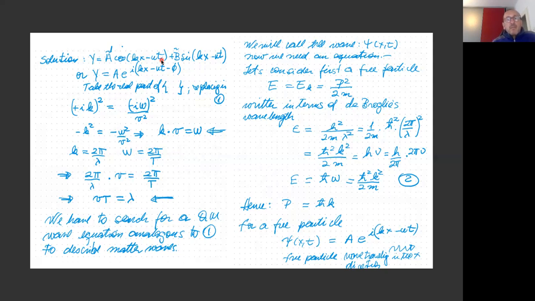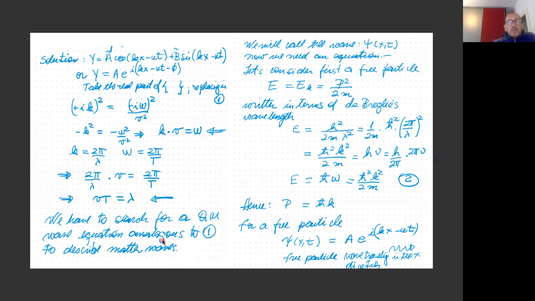Okay, and v times T, the velocity times the time, is equal to λ. We can get vT equal to λ from this expression, because here we have 2π divided by λ, and here we have 2π divided by T. From those two things we define the period, and we can find that the period is related to the wavelength of the propagation in this way.